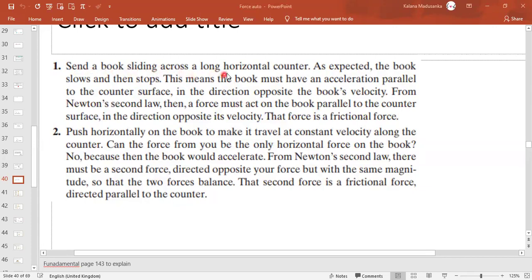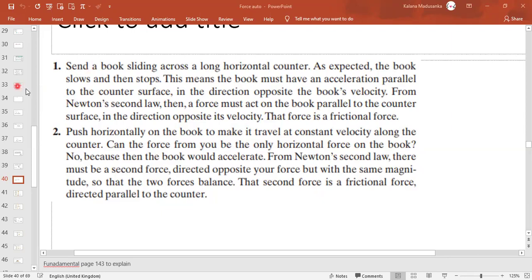This means the book must have an acceleration parallel to the counter surface in the direction opposite to the book's velocity from Newton's second law. Then a force must act on the book parallel to the counter surface in the direction opposite its velocity. That force is frictional force.